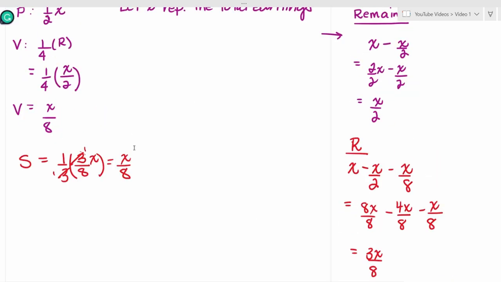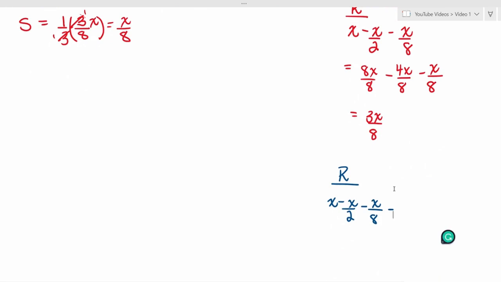I'm just double checking my work. We have to do that sometimes. Very good. And so since I've done that properly, I could put another x over 8. So this is the total earnings minusing the president's portion, the vice president's portion, and the secretary's portion.